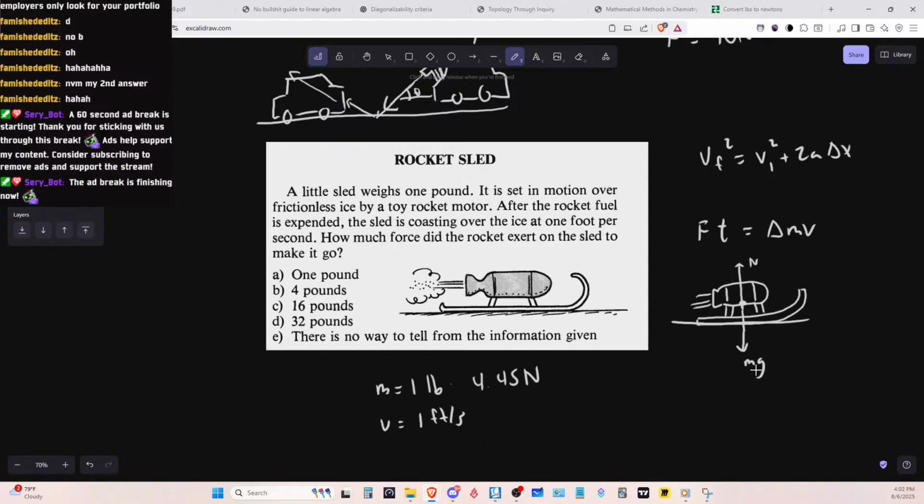Now, in order for this to move, we actually have to have a force pushing from this side, which is the force of the rocket, which is equal to mass times acceleration. So the rocket keeps going until it loses fuel, and then the sled is moving. The sled is moving at 1 foot per second.